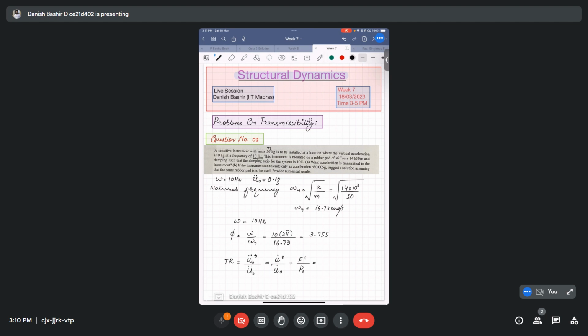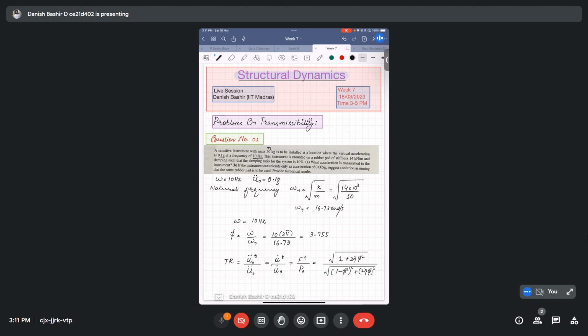Everything is equal to square root of 1 plus (2 theta phi) whole square, divided by root of (1 minus phi square) whole square plus (2 theta phi) whole square.